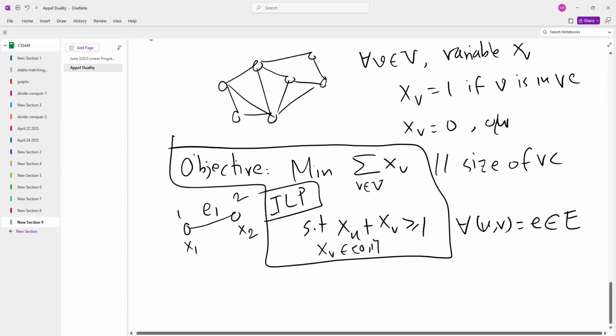As I said, we already know that vertex cover is NP-hard, and we showed a reduction from vertex cover to integer linear programming. So this is a proof that integer linear programming, which is linear programming where your variables are constrained to be integers, is an NP-hard problem. Okay, so this proves that integer linear programming is NP-hard.